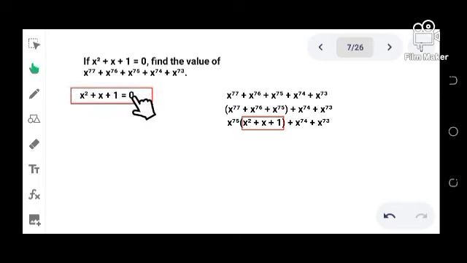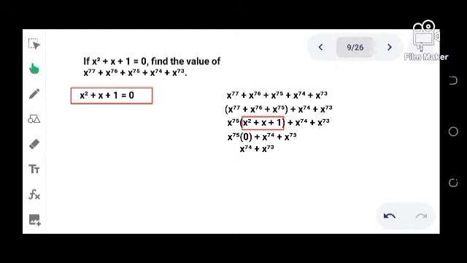That means since the value here is 0, we can replace this by 0. So now we have x to the 75 times 0 plus x to the 74 plus x to the 73. Since any expression multiplied by 0 is 0, we can ignore this one here. So the expression just becomes x to the 74 plus x raised to the power of 73.